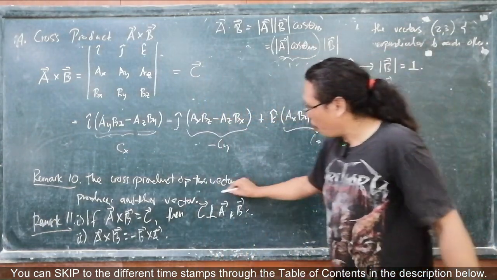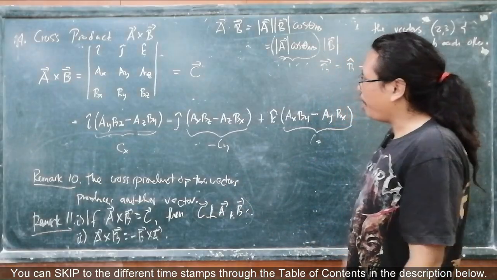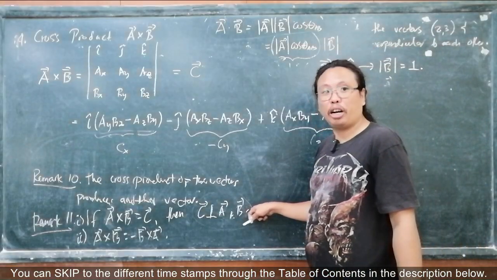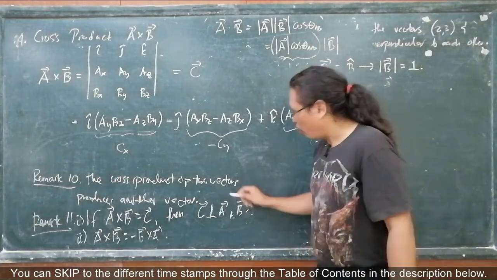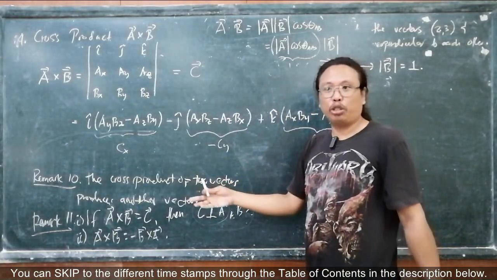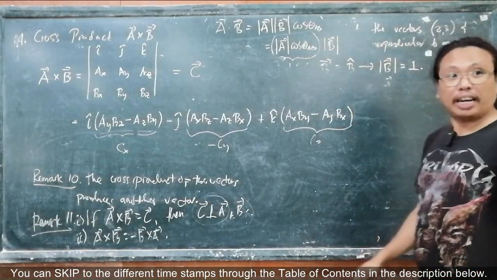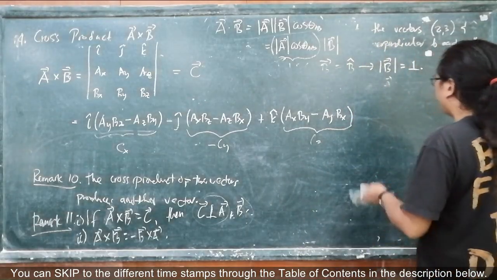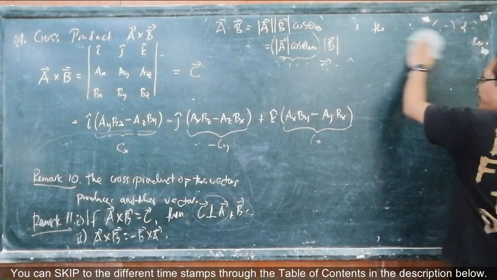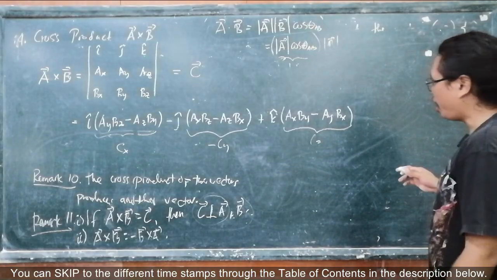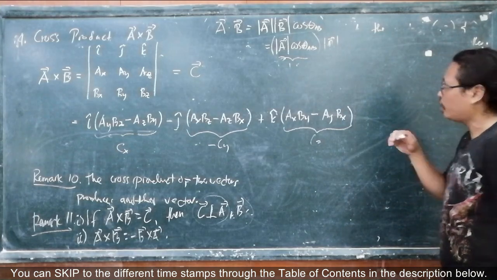Well, for example, how do we prove this one? It says that this produces a perpendicular vector, right? To prove that C is perpendicular to A, what do we use? We use the definition of the dot product. To prove that A cross B is perpendicular to A, all we have to do is use the dot product.